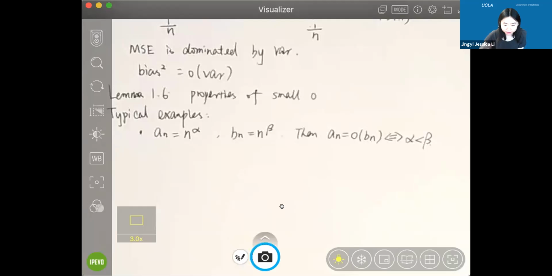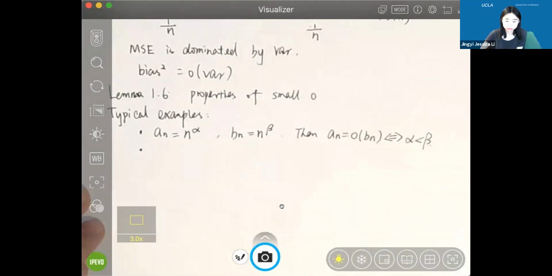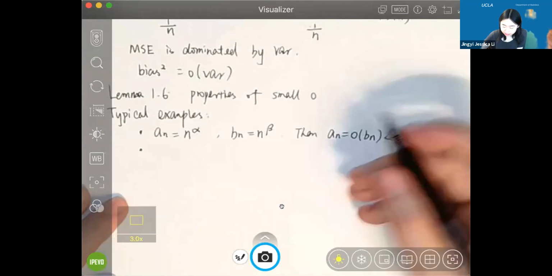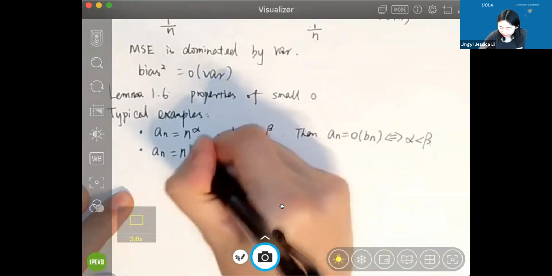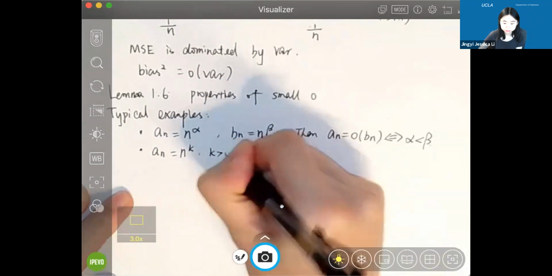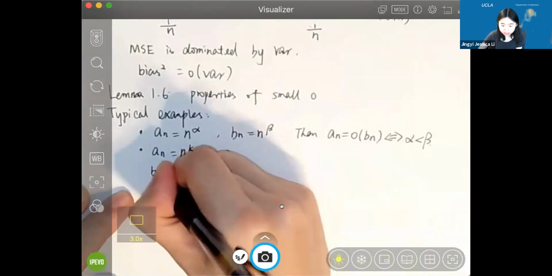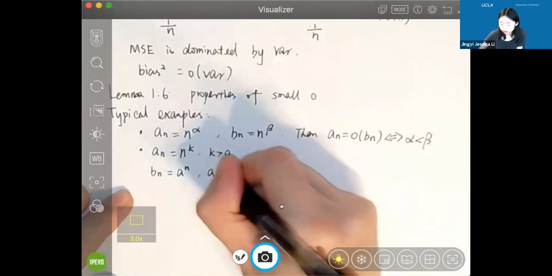These two are often used equivalently. The second thing is regarding polynomial versus exponential. Let's say an is n to the power k with k positive, and bn is a to the power n with a greater than 1.